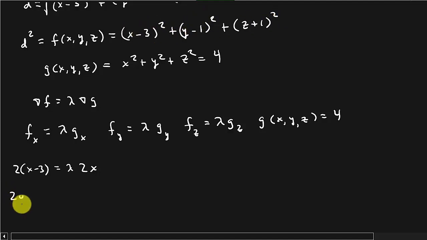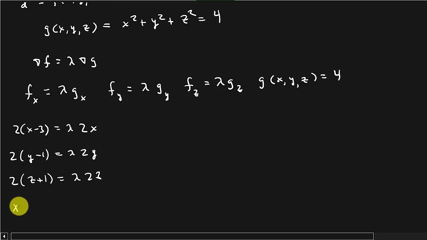We do the chain rule on that. That's 2y. That's 2 times y minus 1 equals lambda times 2y. And then 2 times z plus 1 equals lambda times 2z. And then we also have our constraint x squared plus y squared plus z squared equals 4.